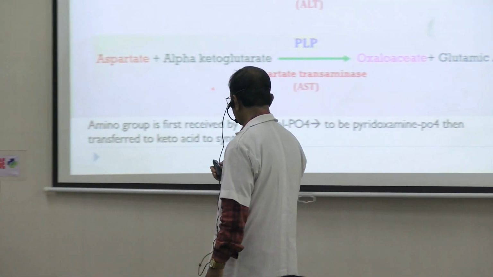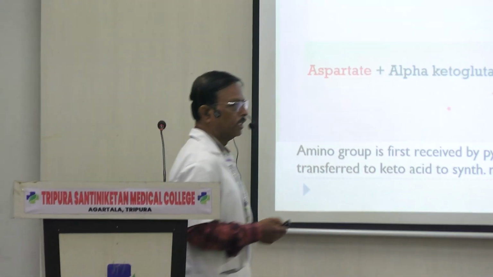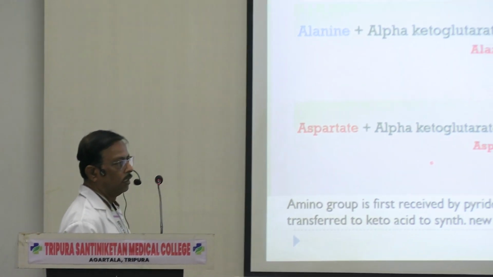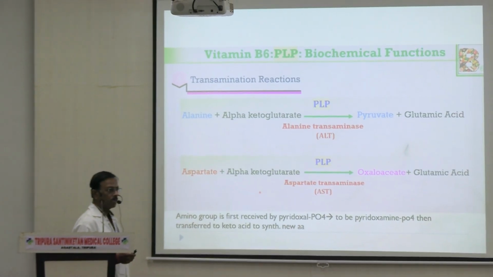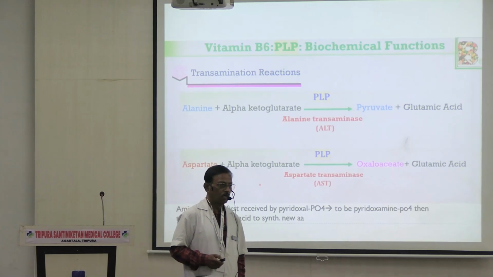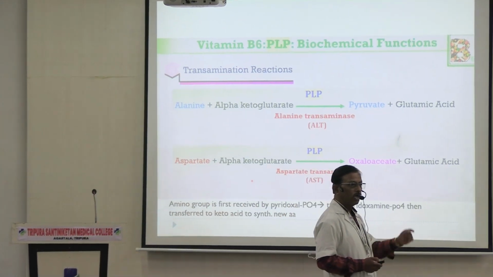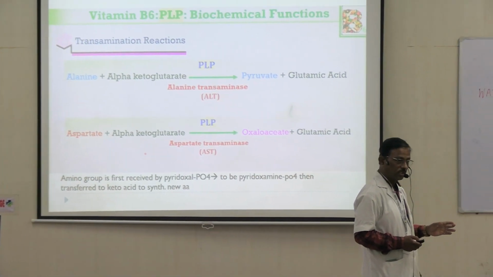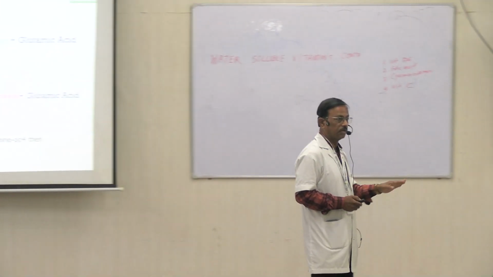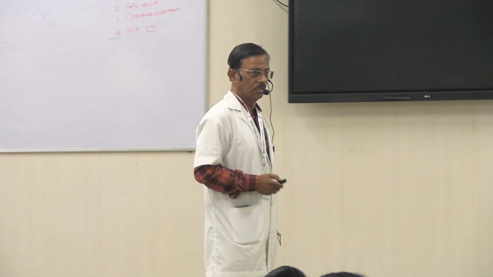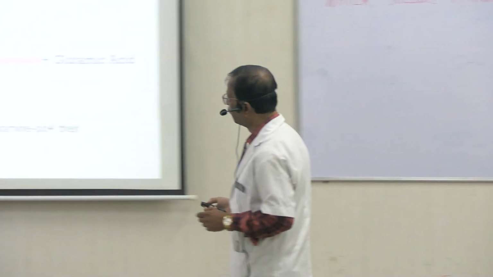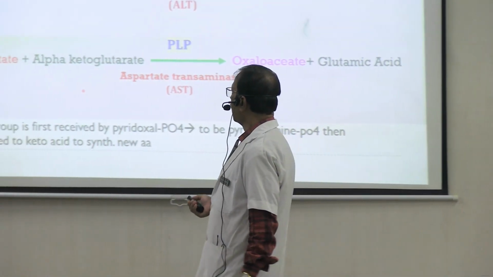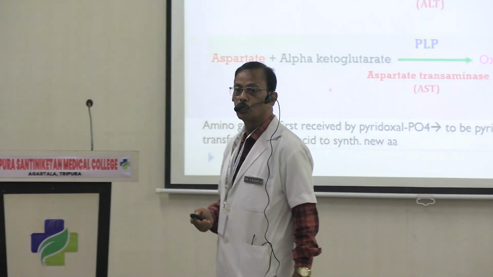So here, what happens in transamination? From one amino acid, the amino group will be transferred to a keto acid. The keto acid, to which the amino group is transferred, will become a new amino acid, and the amino acid from which the amino group is removed will become a new keto acid.